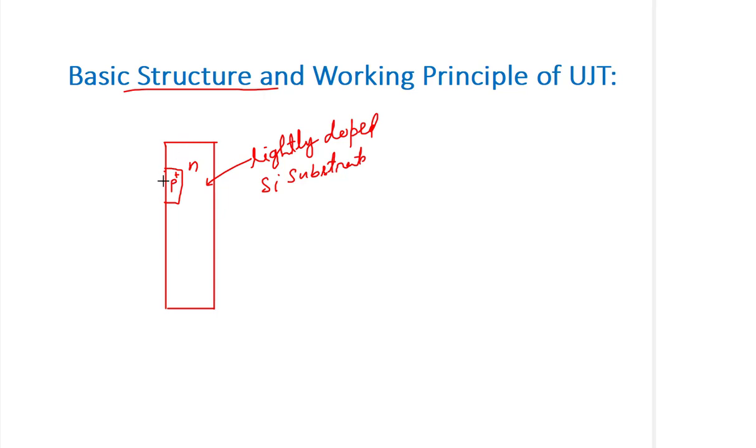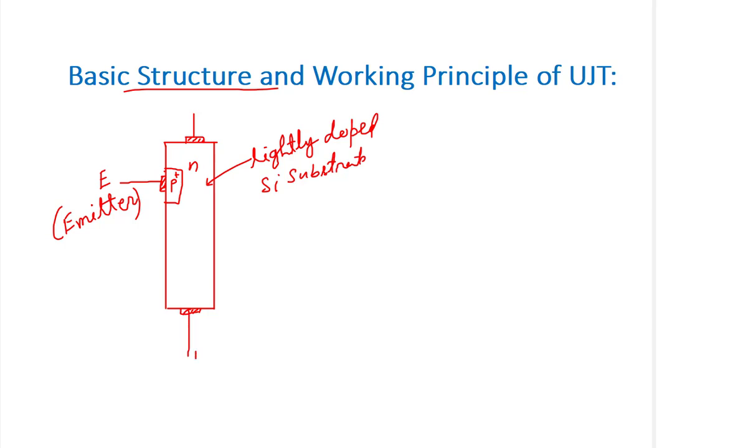These are the base terminals. A metal contact is connected here. This is the PN junction, and this is the emitter. The N-type substrate has a terminal on both sides, connected using metal.